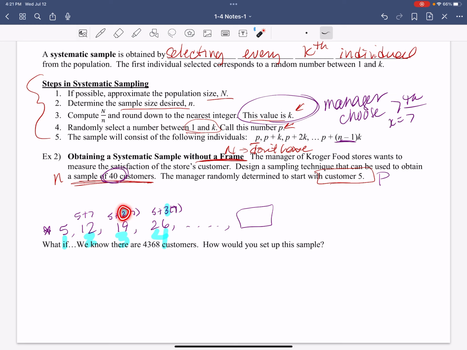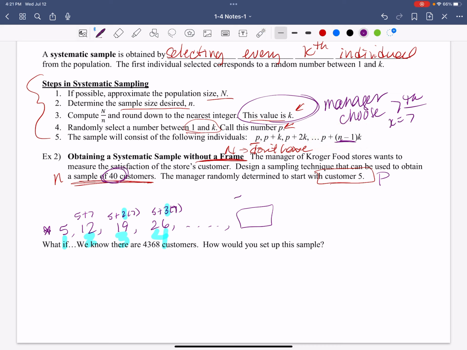Then I have 2 Ks because this is number 1, and then I have these other 2 to make this number 3. Do you see what's happening here? So this is always 1 less than the number that I'm looking at, because I started with the first one, and I only have to have this many groups of the next one coming at it. That's why this is P plus that N minus 1.